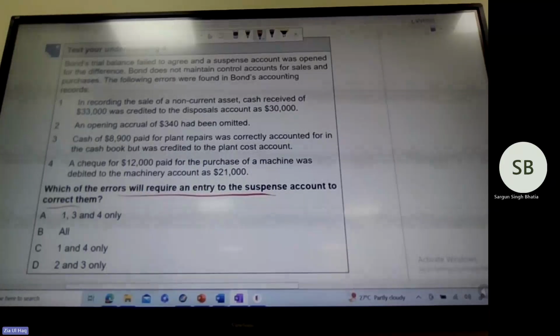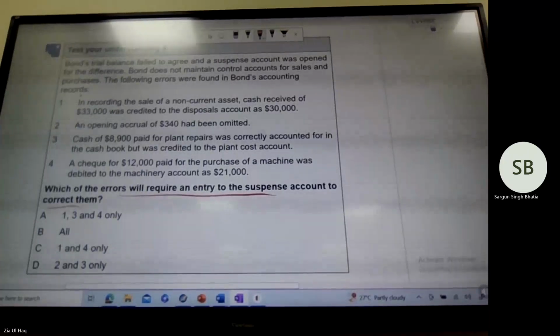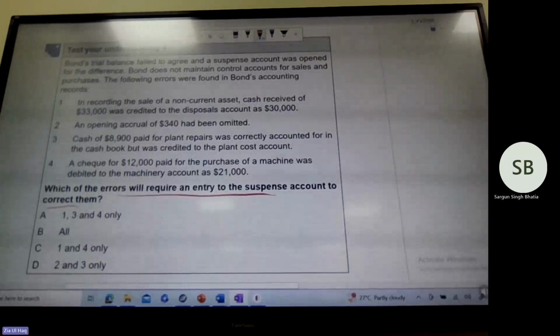Bond doesn't maintain control accounts for sales and purchases, and the following errors were found in Bond's accounting records. Number 1, in recording the sale of a non-current asset, cash received of 33,000 was credited to the disposal account as 30,000.